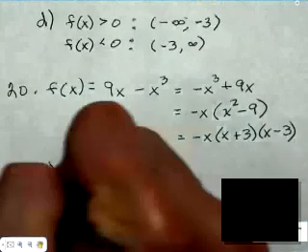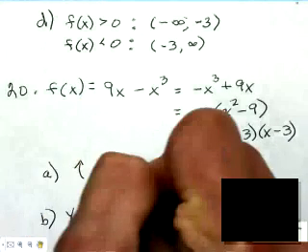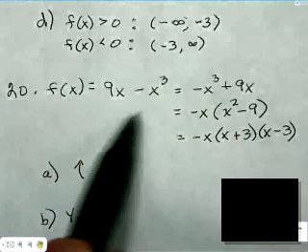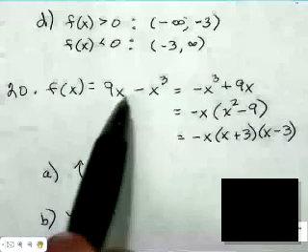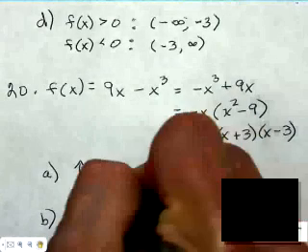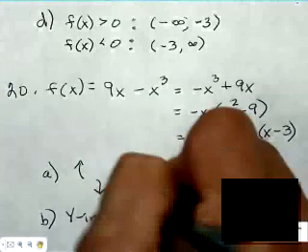And what about the y-intercept? You can just look at that function. The easiest way to find the y-intercept is before you factored it. Before you factored it, if you let x be 0, what do you get for y? So this graph goes through the origin, 0, 0.